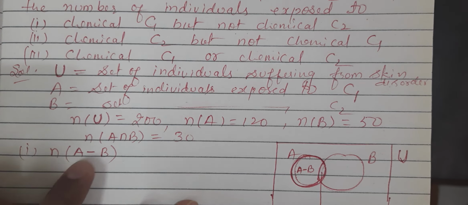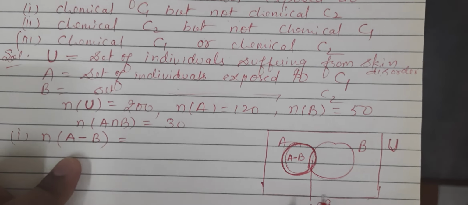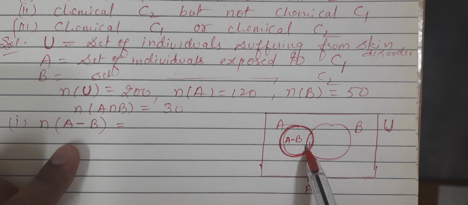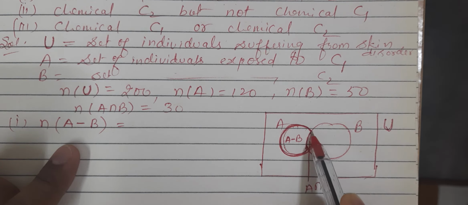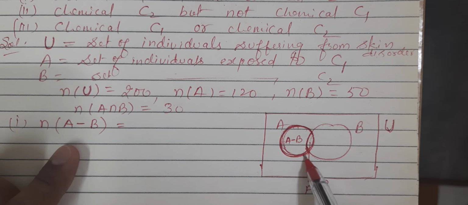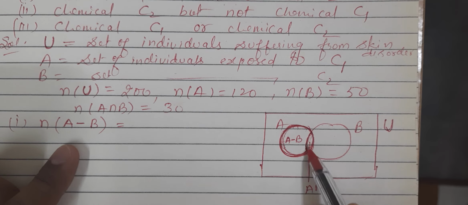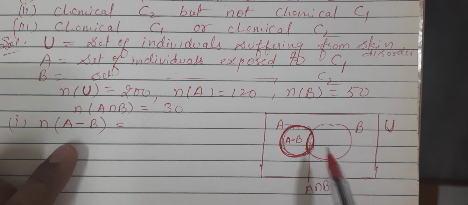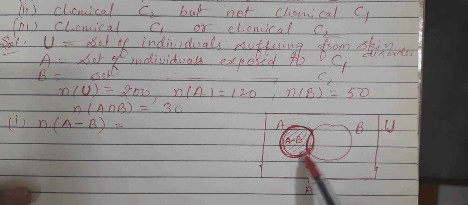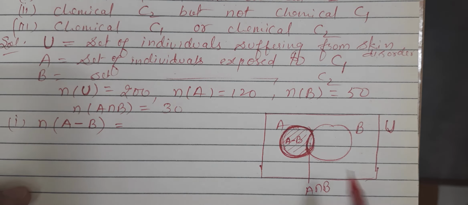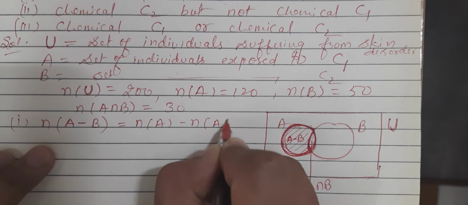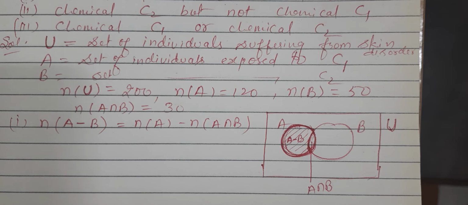From the Venn diagram, it is clear how we can find A minus B. A minus B is actually A minus the intersection portion, so n(A minus B) is n(A) minus n(A intersection B).